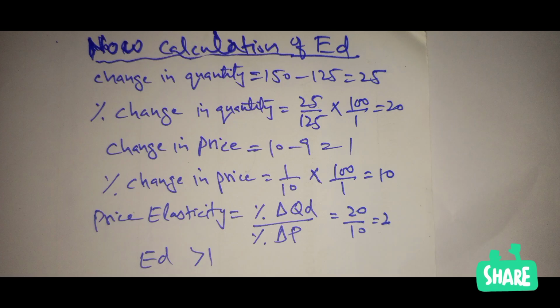Quantity demanded depends upon price, whereas price does not depend upon quantity demanded.